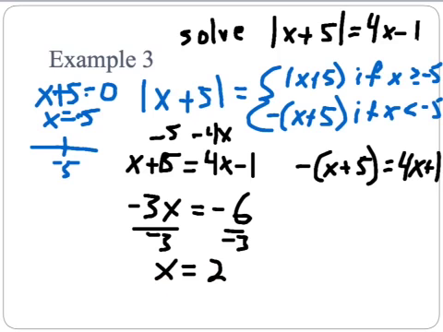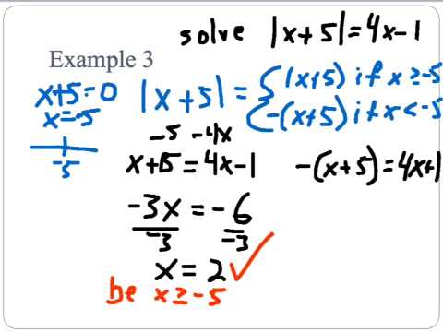This is not an answer. So we look now and ask, is positive 2 greater than negative 5? Well, yes, it is. So we know that one's right, because x is greater than or equal to negative 5 for that domain.